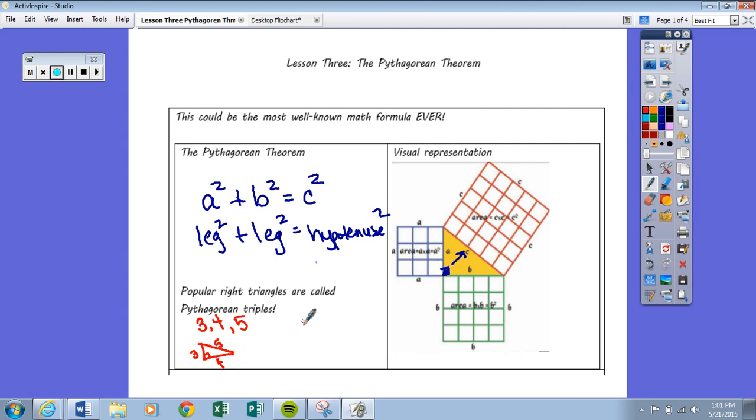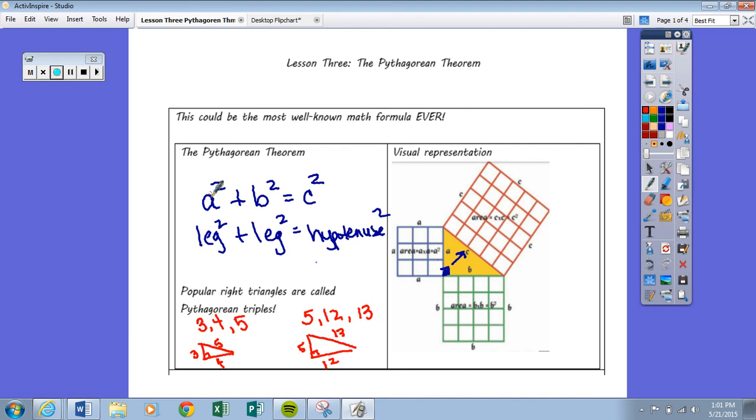Another one that shows up is the 5, 12, 13. I see that one a lot. It's the same idea. This one would be 5, this one would be 12, and this one would be 13. And if you plug these numbers into the Pythagorean theorem for a, b, and c, it's a true statement.